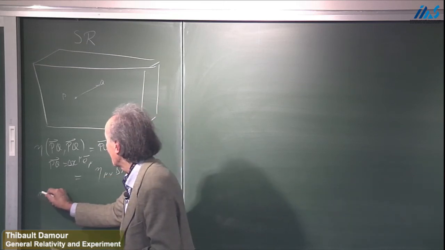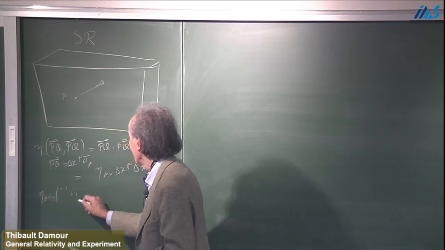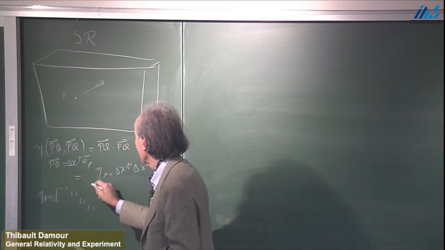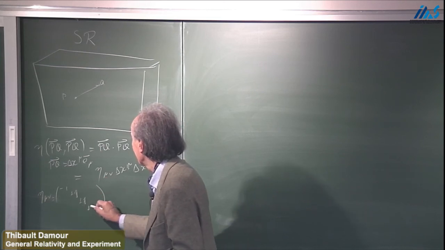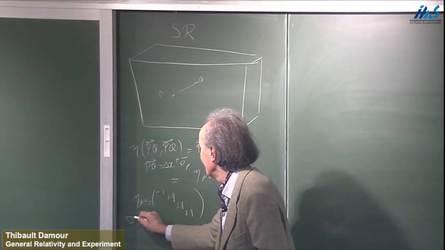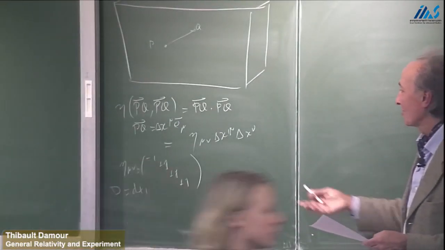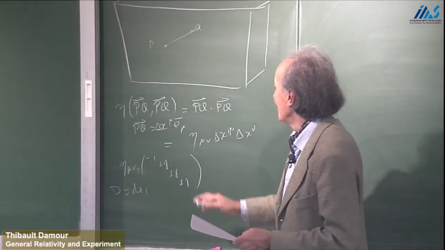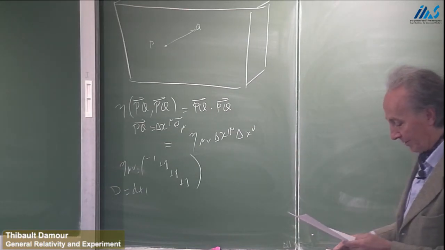This is a diagonal matrix, with signature mostly plus. So in 3 plus 1 dimensions, it has 3 plus 1s on the diagonal and one minus 1. More generally, in capital D equal small d spatial dimensions plus 1 time, there will be small d plus 1s and a minus 1.